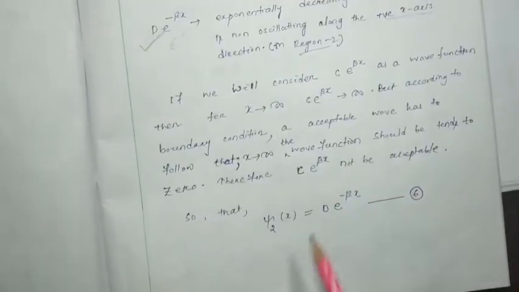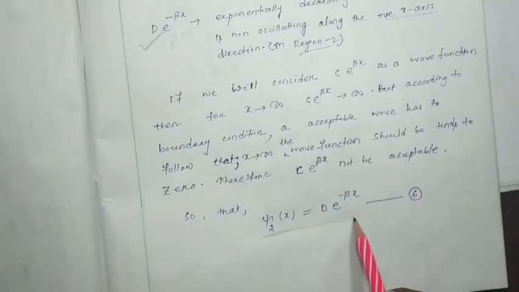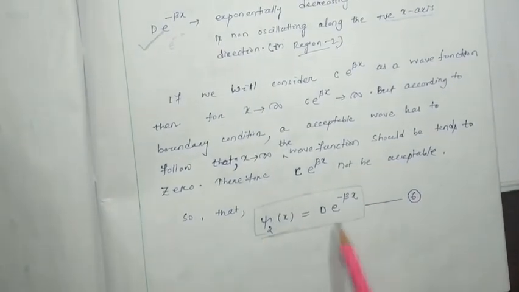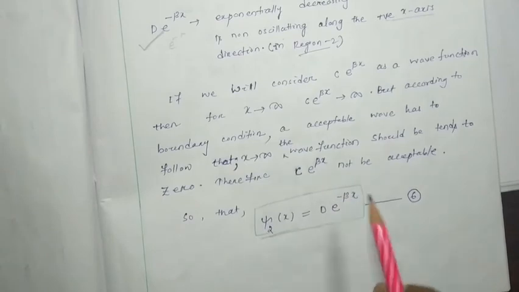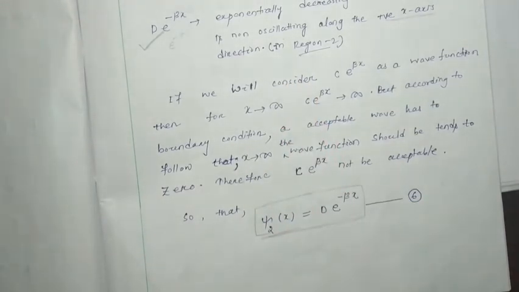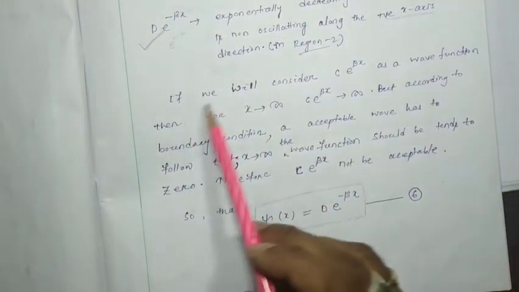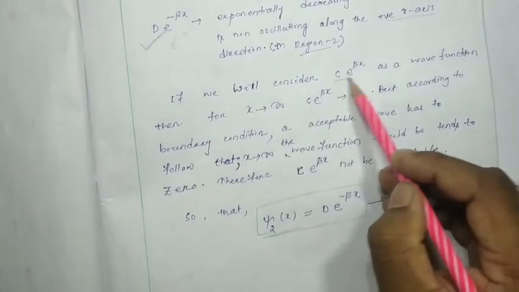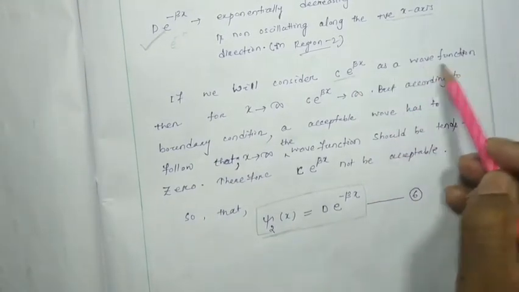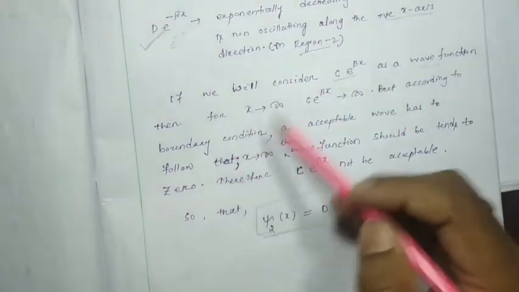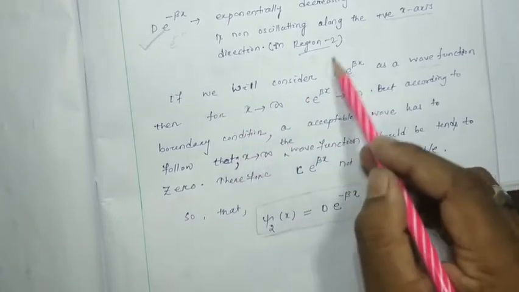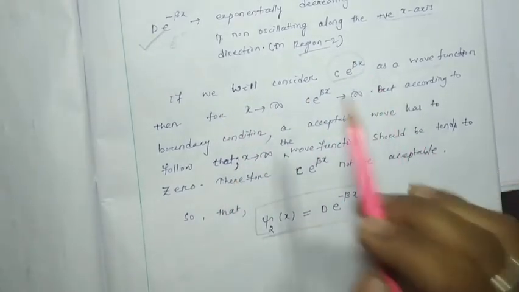So hence psi 2 of x finally will be what? It will be d e to the minus beta x. The things I have discussed are written here. You can pause the video and write them. See, suppose we consider c e to the beta x as our wave function.